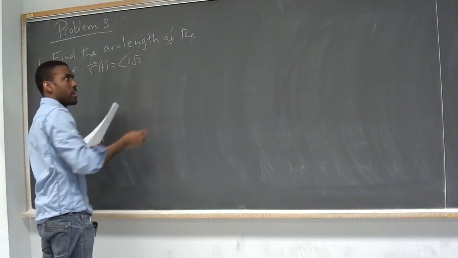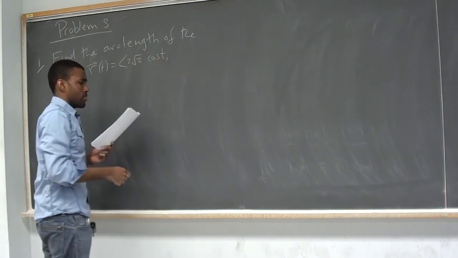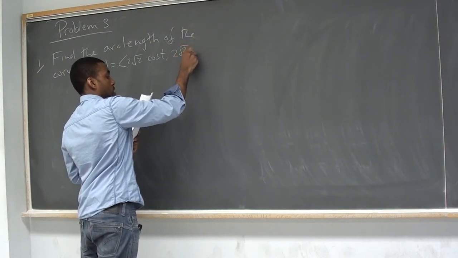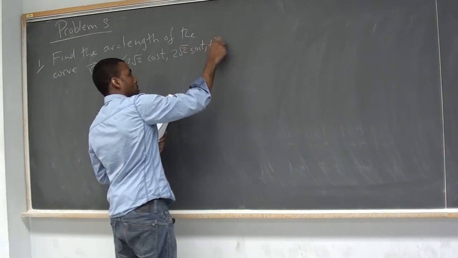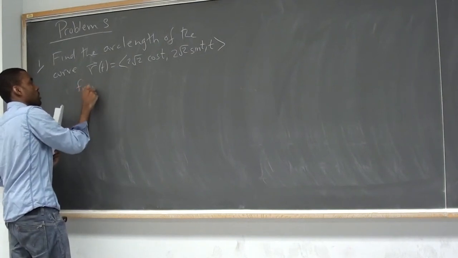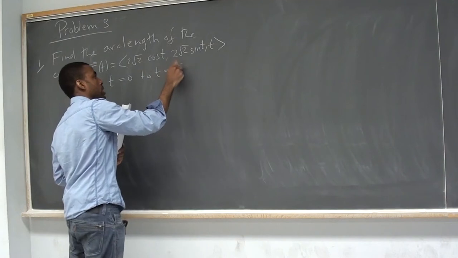I did an example like this, and I put a bunch of them on the first test and one of the first quizzes that we've done. And here I told you that I only care from t equals 0 to t equals pi.